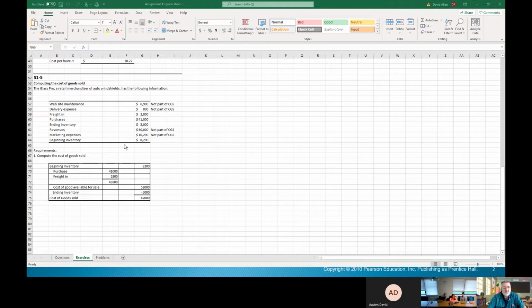Okay, so what I do when I get a laundry list of those things, where I have to decide which part of it needs to get used and which part of it doesn't, I literally will go down, and in this case, since we were solving for cost of goods sold, I just went over to the side and I said, not CGS, it's not cost of goods sold. A maintenance website has nothing to do with the cost of the goods, right? It does have something to do with our total cost of doing business. Same thing with delivery expense.